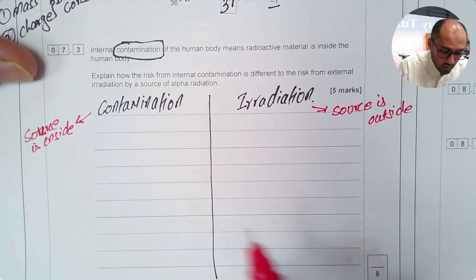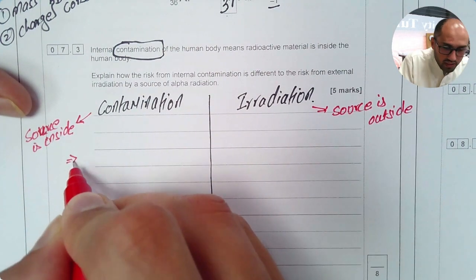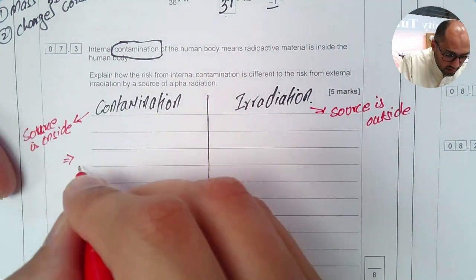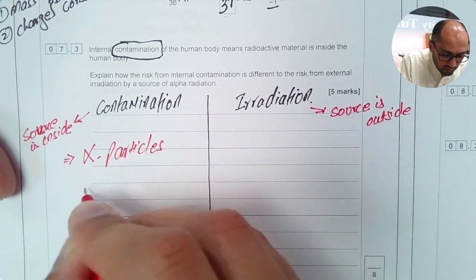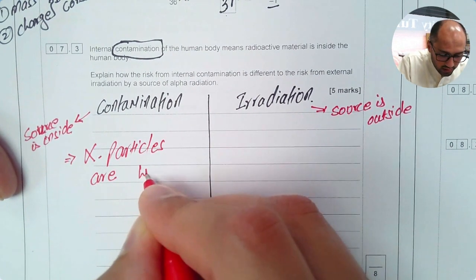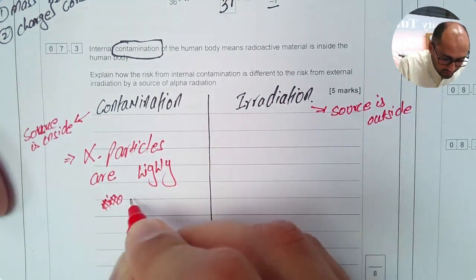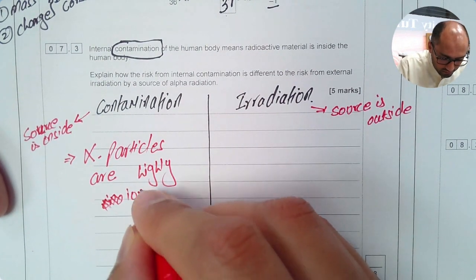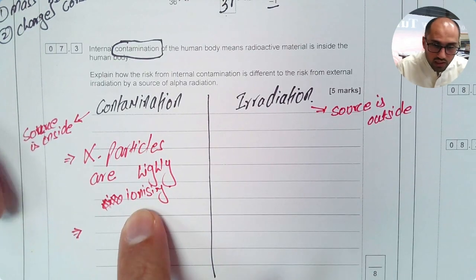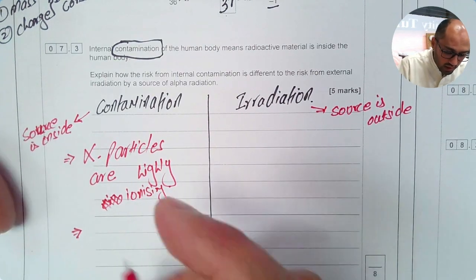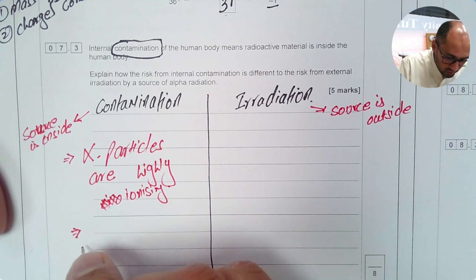I'm going to say when it is inside, the main thing that I need to remember here is I can say alpha particles are highly ionizing. Number 2, because they are highly ionizing, what will happen? They will be absorbed by the tissues.